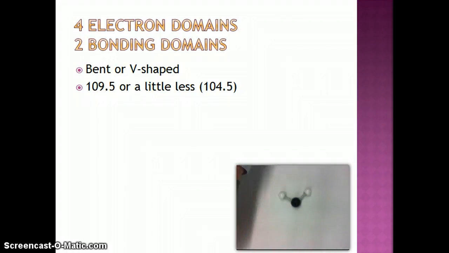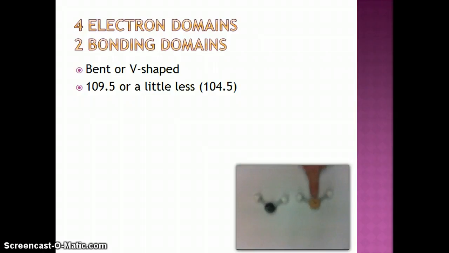Right. And so let's compare real quick. This is the one that is 3 electron domains and 2 bonding domains, and this is 4 electron domains and 2 bonding domains. This is the one where the bond angle is 120. This is the one with the bond angle of 109.5. And so they should be different.